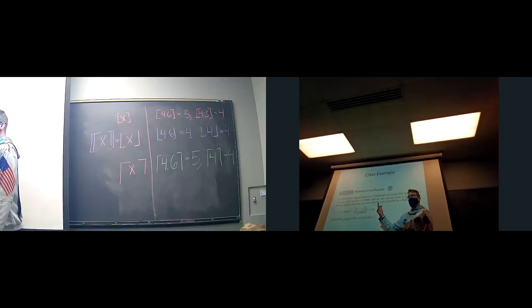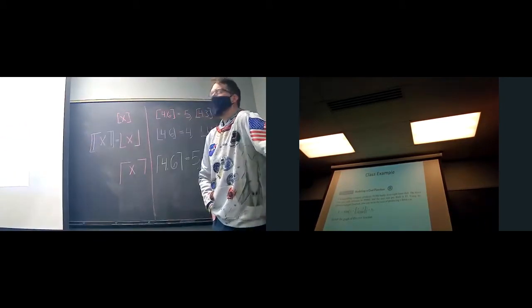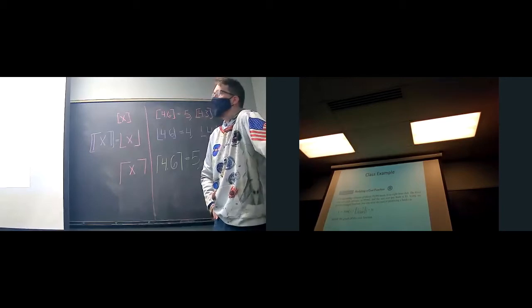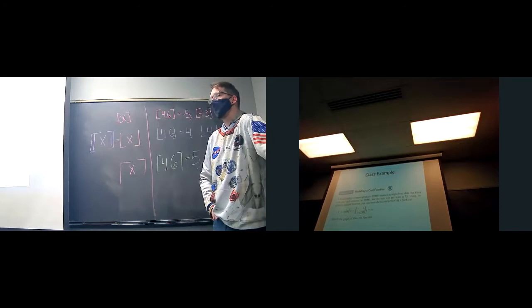Is everybody cool with this so far? So what do you think the graph of this is going to look like? If you had to guess, try sketching out the graph really quick. See if what you come up with is what's on the next slide.